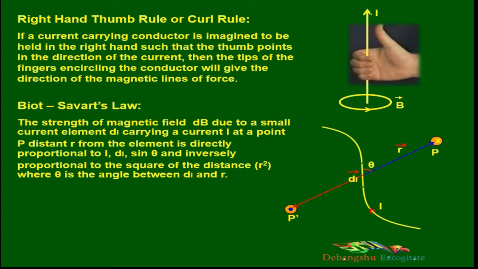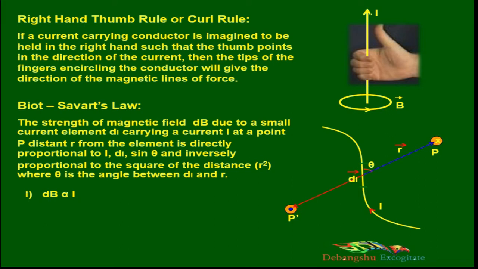So the strength of the magnetic field dB due to a small current element dl carrying a current I at a point distant r from the current is directly proportional to I, dl and sine theta, and inversely proportional to the square of the distance r square, where theta is the angle between dl and r.